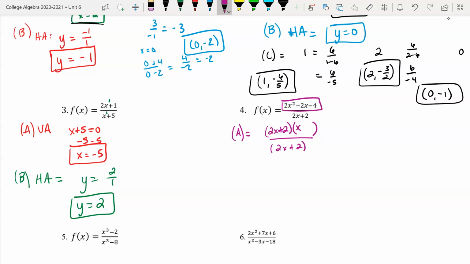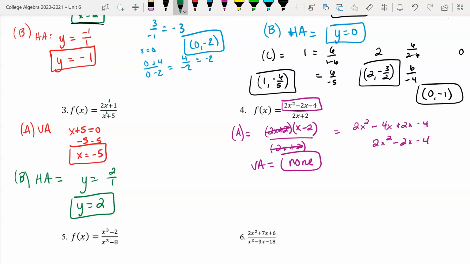So I just need an x here, because that would give me that 2x squared. And then I'm going to need a -2 here to get that -4. So then I would FOIL to see if I get the same thing that I started with. So that would be 2x squared minus 4x plus 2x minus 4. And if I combine those, you'll notice it's what you started with. So that 2x plus 2 is going to cancel. So because there's nothing on the bottom, there is no vertical asymptote. We would call that a hole.